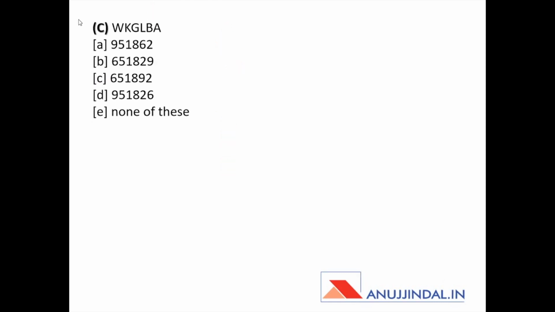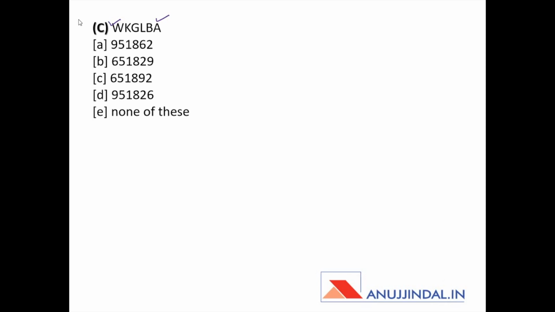Now we are given the next question, that is WKGLBA. Again we have to find the code for this. First of all we will look at the first and last letter, that is W and A. The first letter is a consonant and the last letter is a vowel. So again condition 3 will be used here, which was if the first letter is a consonant and the last letter is a vowel, then the codes for first and last letters are to be interchanged.